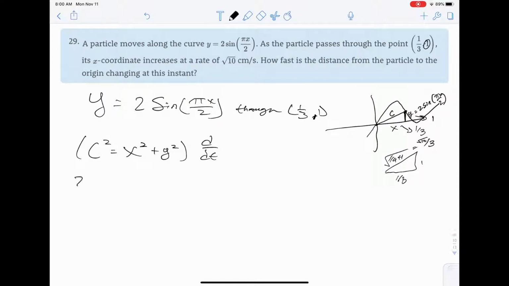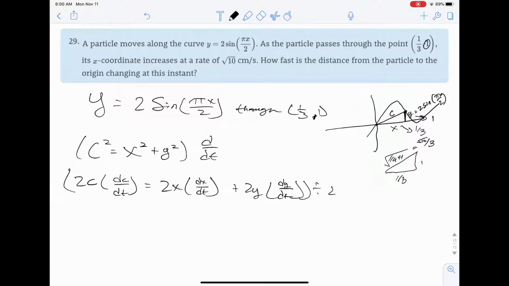So this would be 2c dc/dt equals 2x dx/dt plus 2y dy/dt. Okay, we now have this. There's 2's in common, so we can just take 2 out. And then we're looking for this right here.